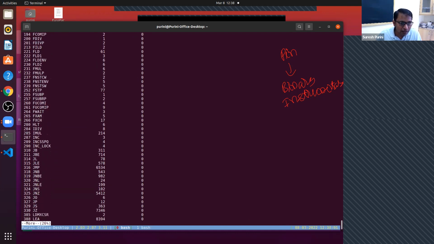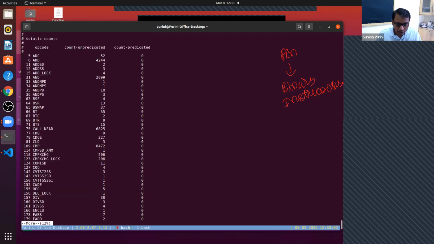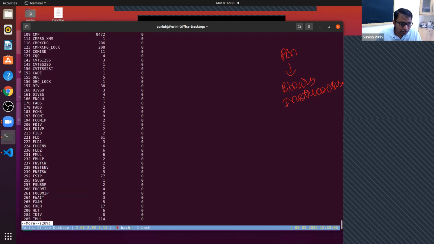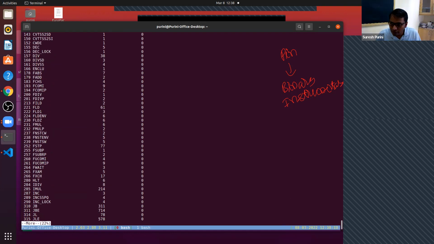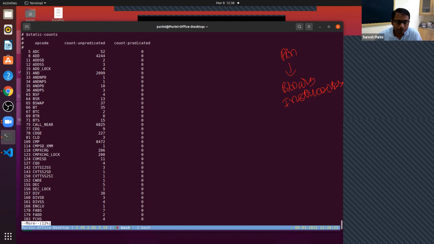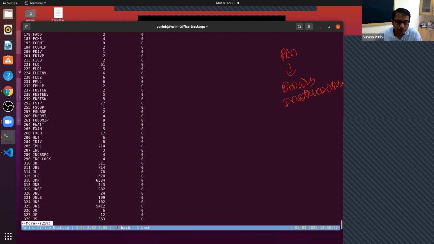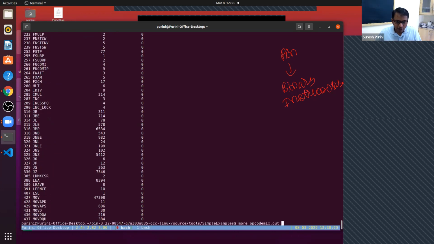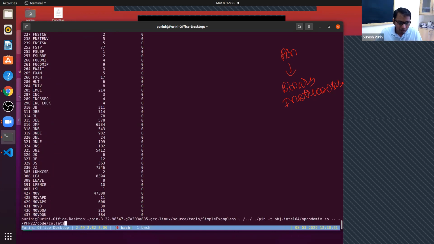And here also, you don't see any floating point instructions executed, very few in number. Predicated and unpredicated, count predicated, not sure about it. Let's run one more program. Code saxp.